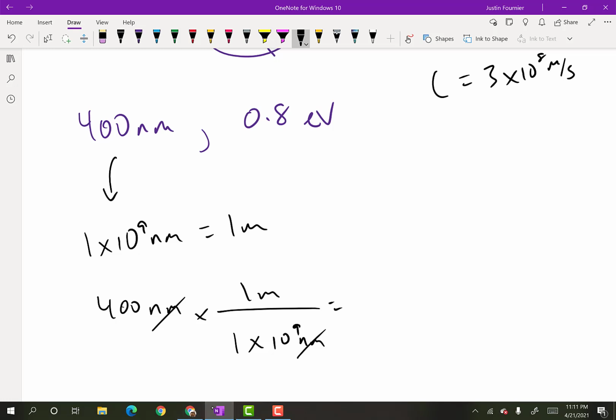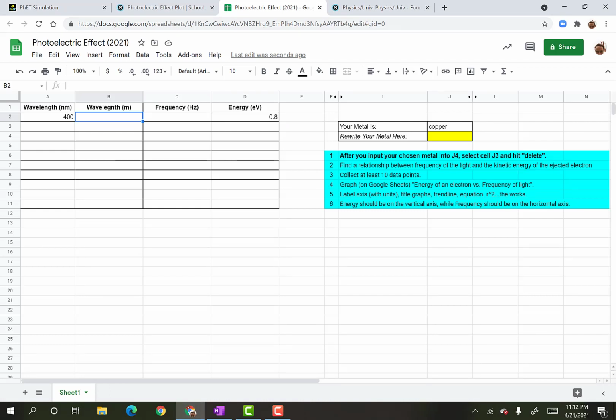I can do that here by saying equals 400, whatever 400 was, that was A2, divided by 10 to the power of 9, 1 times 10 to the power of 9. So there we go. That's going to do my conversion for me. And I hit enter, and boom, it just gave me the wavelength in meters.